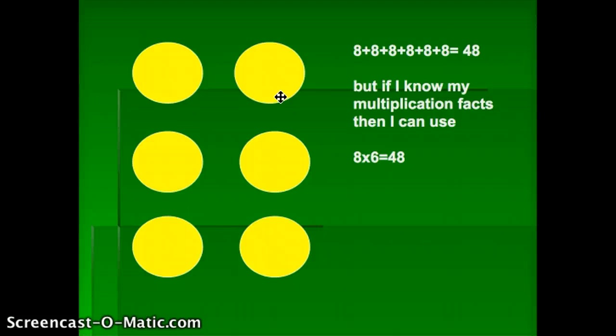So we could do repeated addition, 8 plus 8 plus 8 plus 8 plus 8 plus 8, to get up to 48. But if she knows her multiplication table, she could also just say 6 tables with 8 people on each table would be room for 48 players.